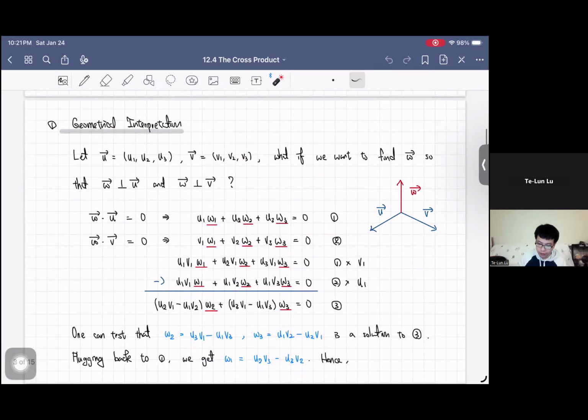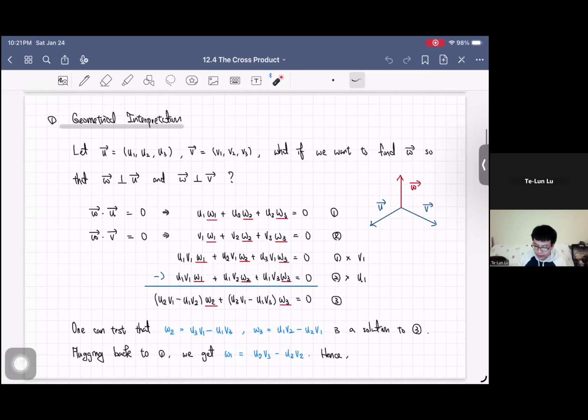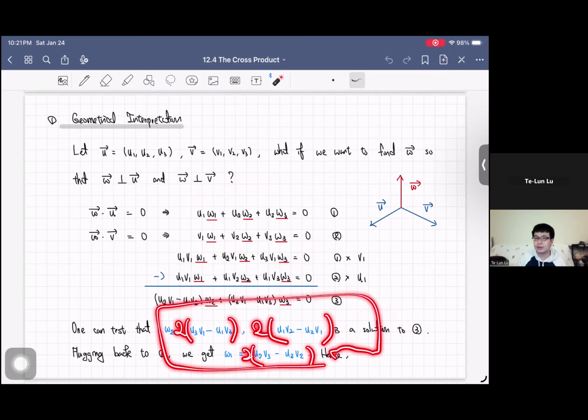Of course, it is only a solution of this equation system up to scaling, because any scalar multiple will be a solution too. Suppose you multiply everything by 2, this W1, W2, W3 is still a solution, because the combination just gives you 0 minus 2, which is again 0, right?